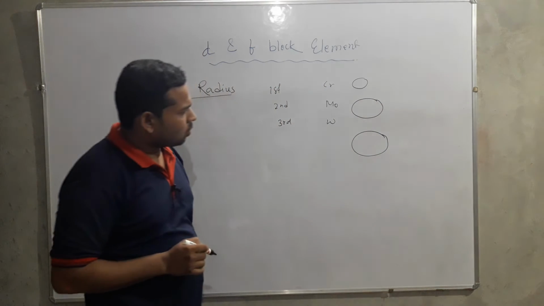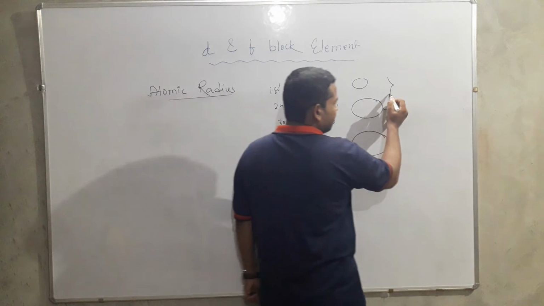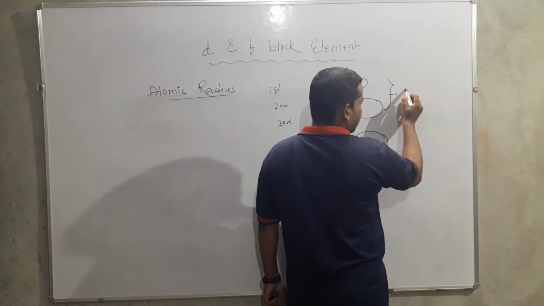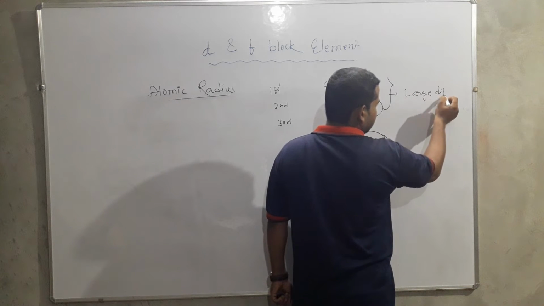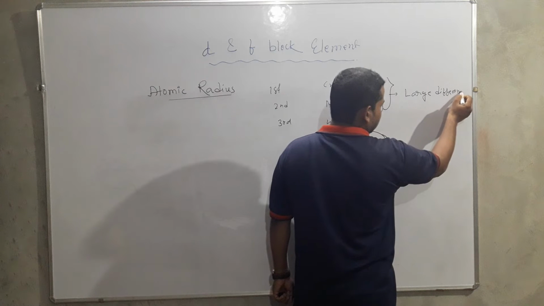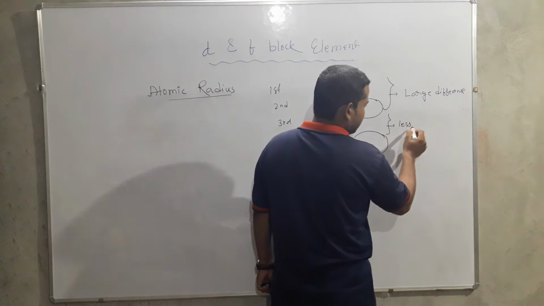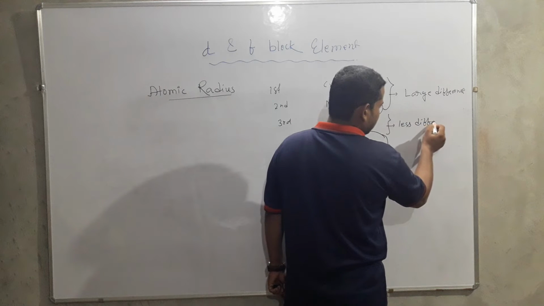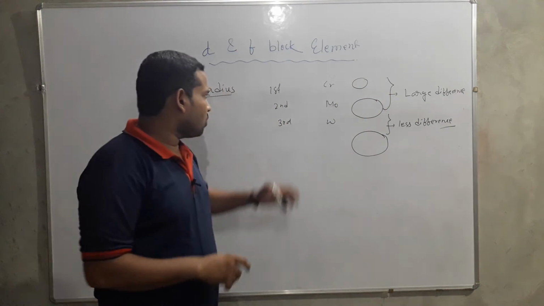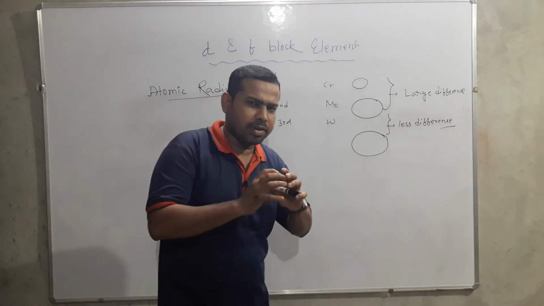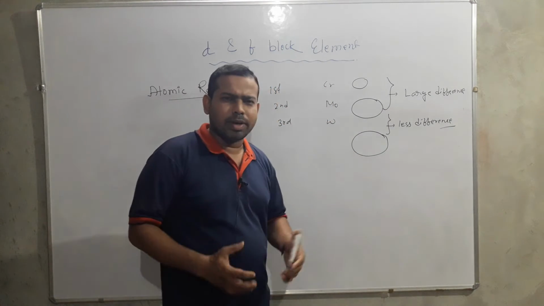So what happened? The gap between the first and second row is a large difference, and between second and third a less difference. Clear, people? The gap between the first row and second row is very large compared to second and third row. Why?